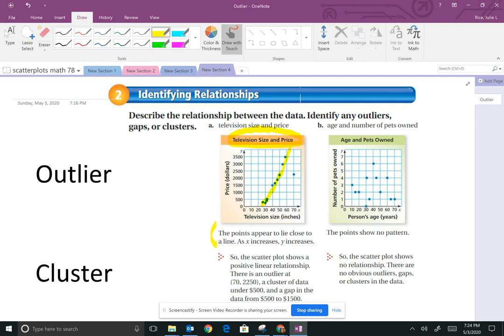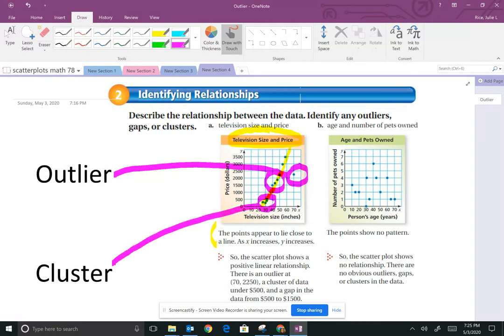We do have a few things here to point out. If you have a data point that doesn't seem to go along with the rest, that's called an outlier. It lies farther away from the rest. If you have some data points that are closely grouped together, those are called clusters. So we've got some clusters and some outliers in this.